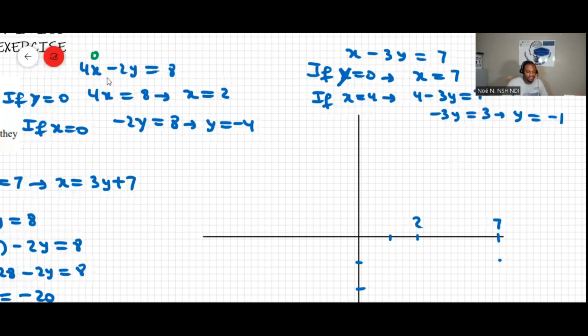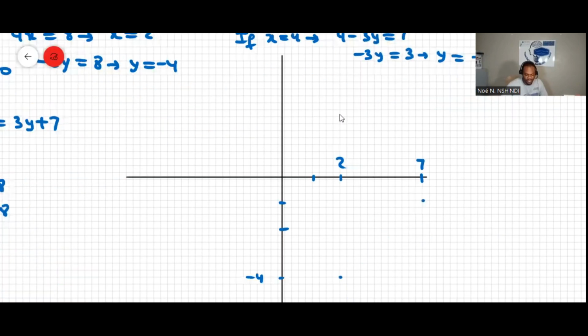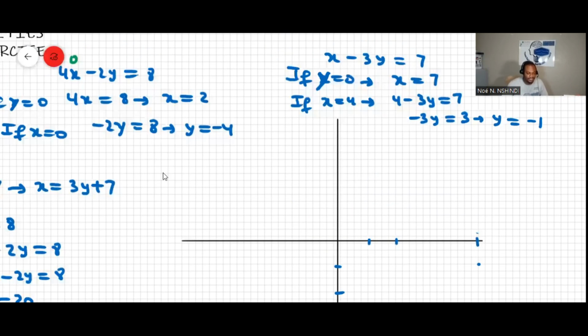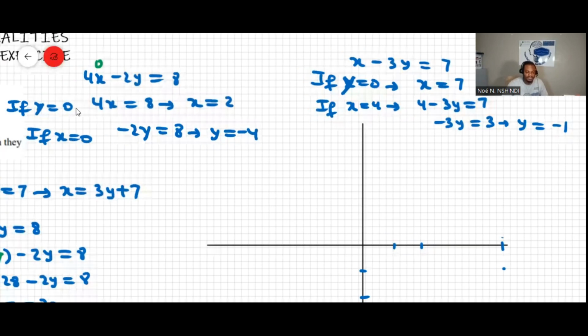Hold on a second. Over here, I didn't set this point correctly. I'll take the values here. If y is 0, x is 2.